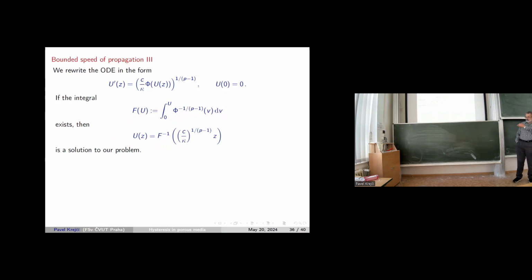And if this is the case, then we have a formula for u, which is nothing but f to the minus 1 of z, modulo a constant.